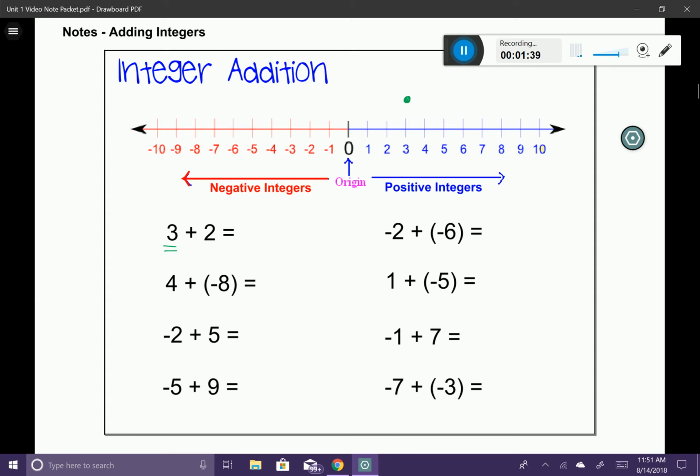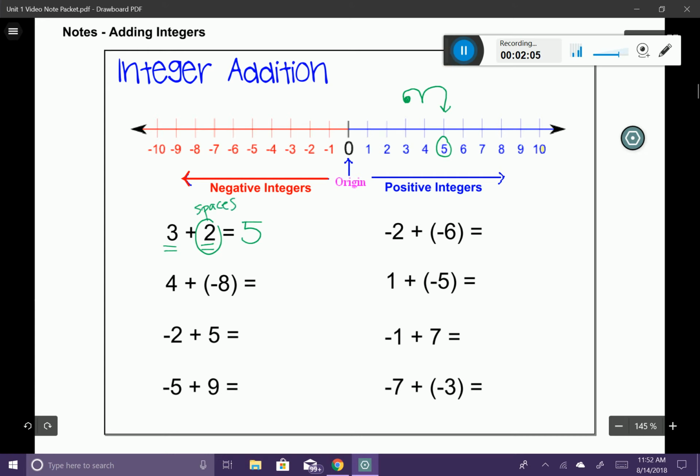So I'm going to add 2, which means I'm going to be moving in the right-hand direction. So I'm going to use these little loop-de-loops, and I'm going to count 1 space, 2 spaces, leading me up to +5, which is my answer to the problem. The second number in the expression indicates how many spaces you're allowed to move.